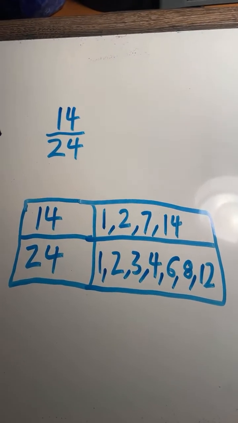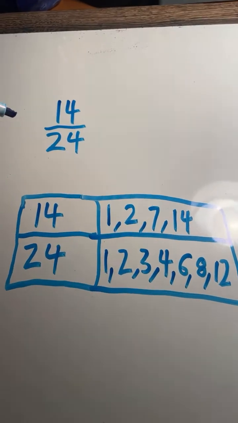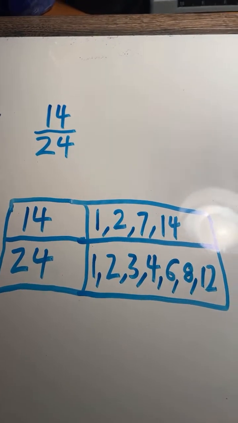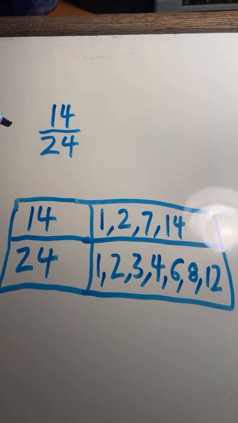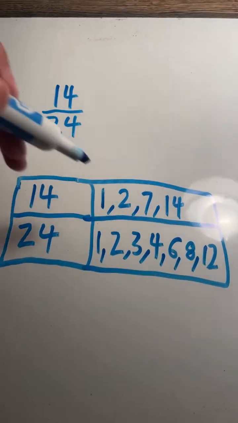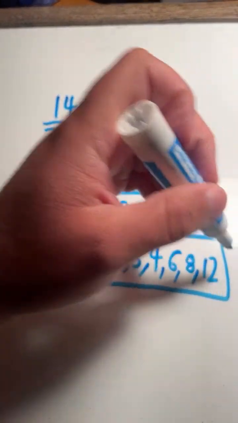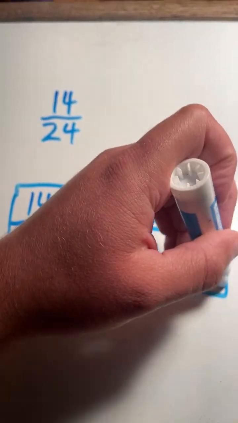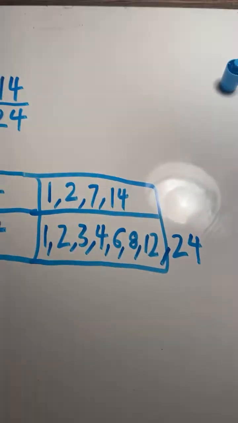And again, we have to divide by the greatest common factor. So we're dividing the numerator and the denominator by the greatest common factor. Now, obviously every number is a factor of itself, so the last factor here, which doesn't even fit in the box, is 24.